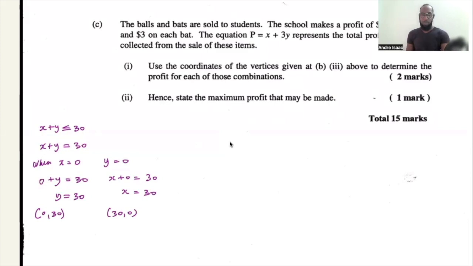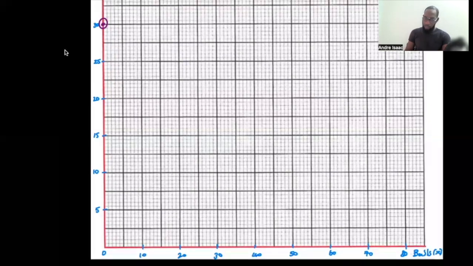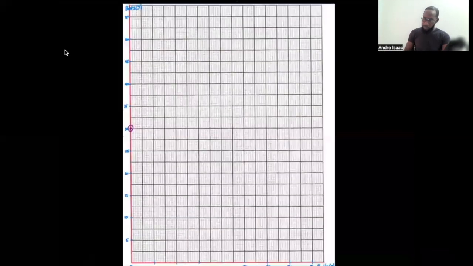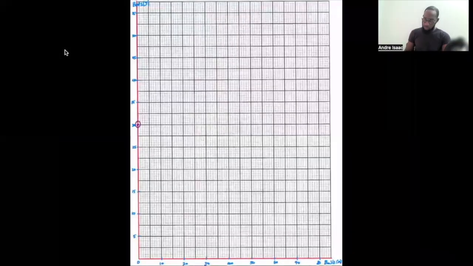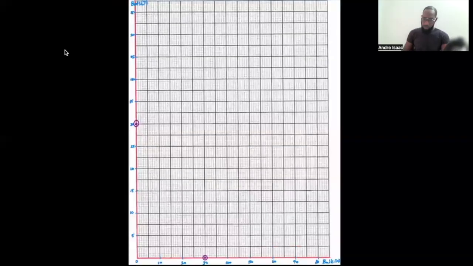So we have 0, 30 and 30, 0. When we look at the graph, remember x comes first and y comes second. 0 going up to 30 is this point here, and we have 30, 0. So we have those 2 points.